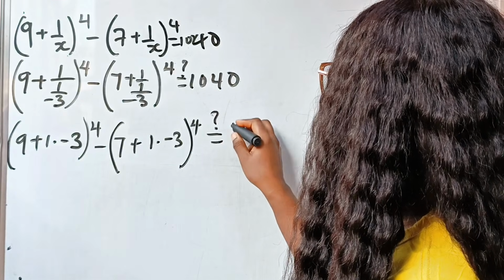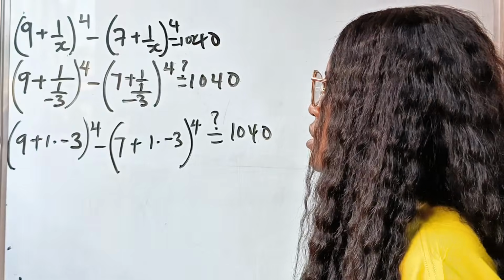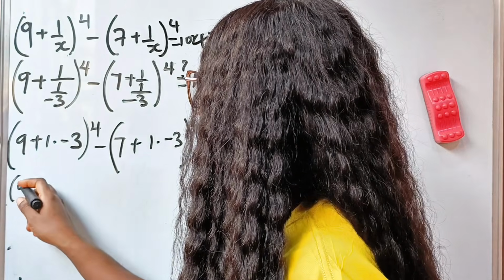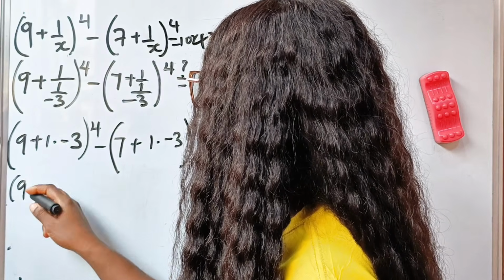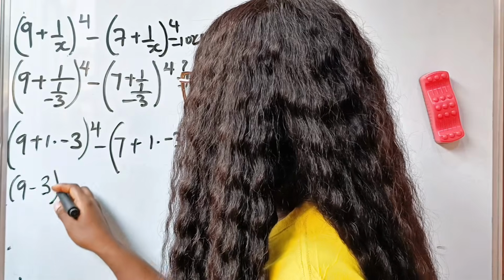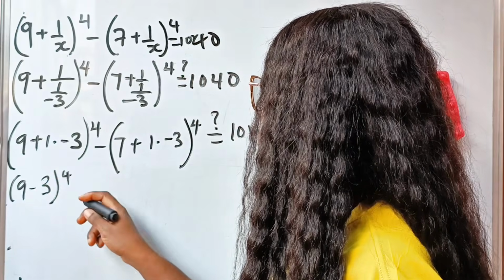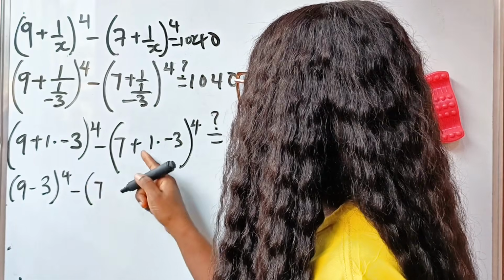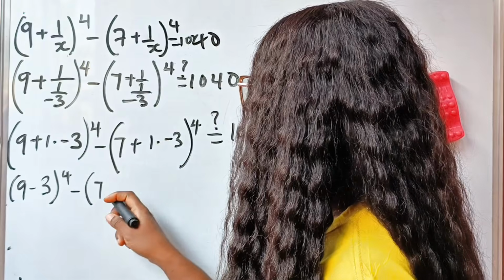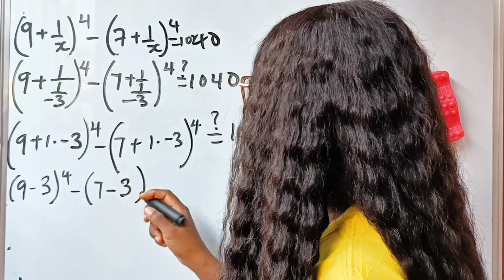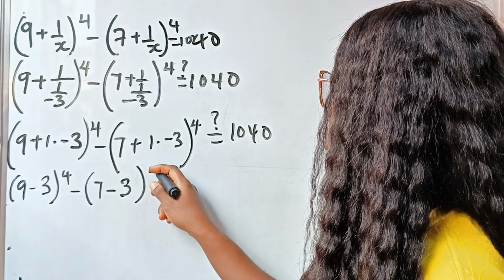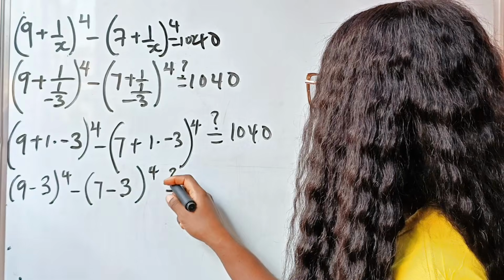Now, is this equal to 1040? So we have 9 plus times minus is minus, so we have minus 3 to the power of 4 minus 7, the same thing, plus times minus is minus, so we have minus 3, okay, raised to the power of 4.